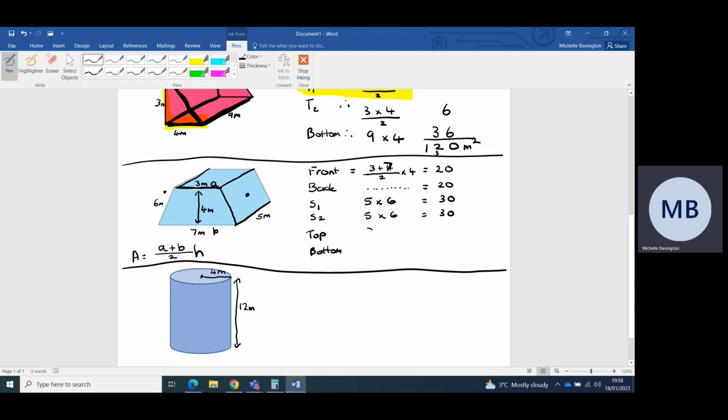So your top is 3 by 5, which equals 15. And your bottom is going to be length times width, 7 by 5, which equals 35. Add them all up.